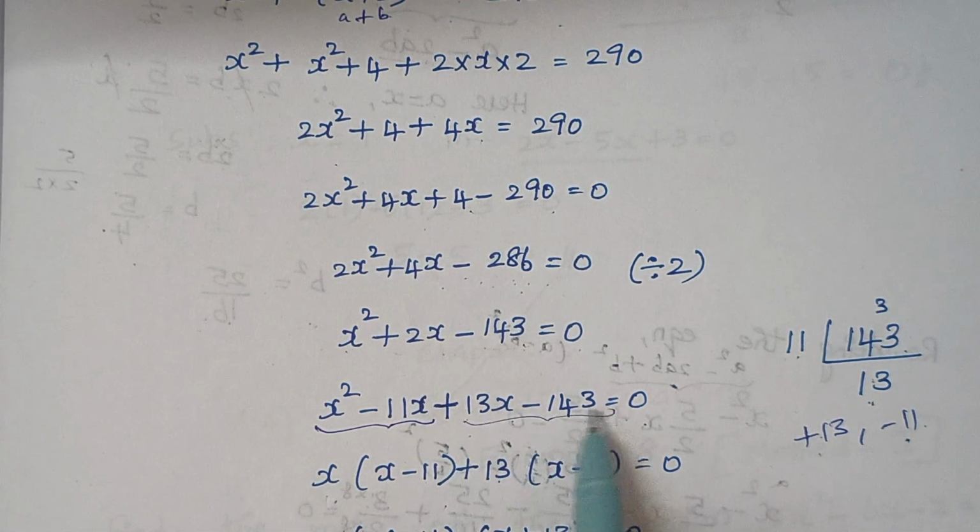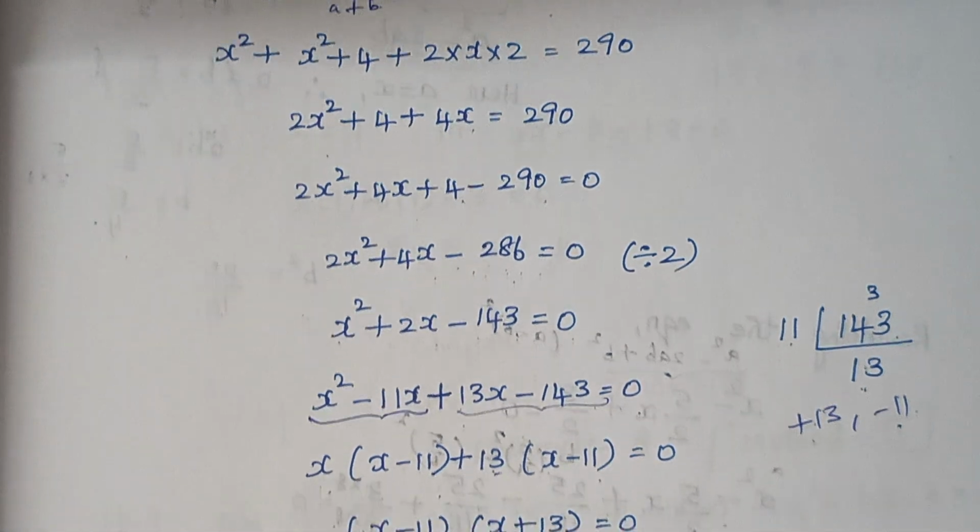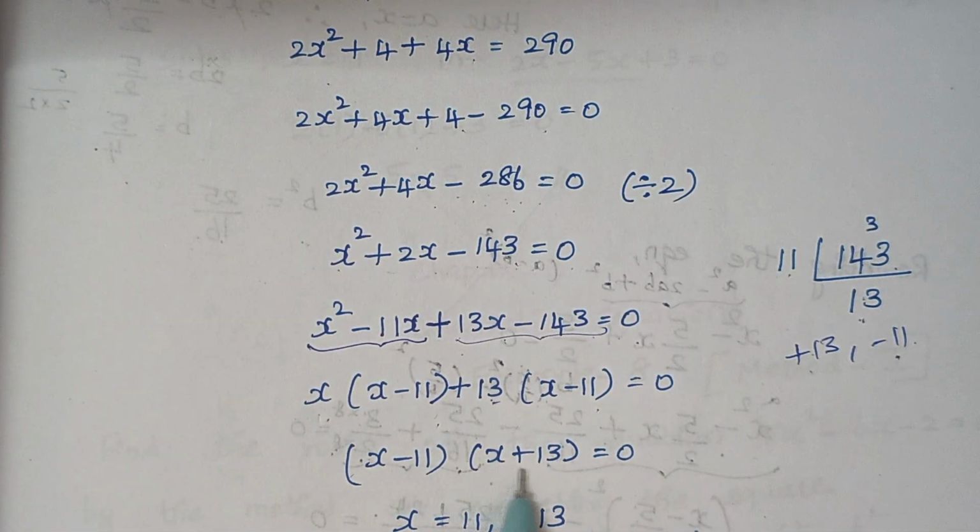In these two terms, when you take 13 outside, again the remaining term is x minus 11. So when you take x minus 11 as common, the remaining term is x plus 13, which is equal to 0.